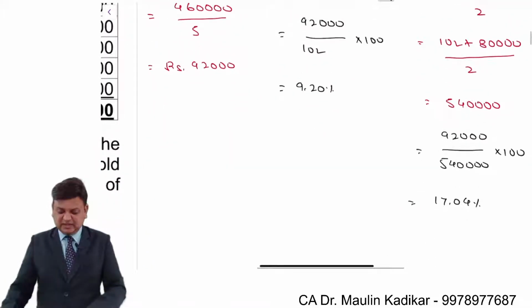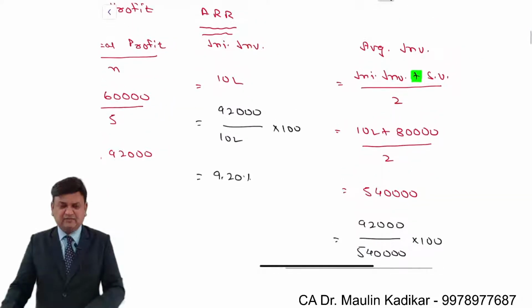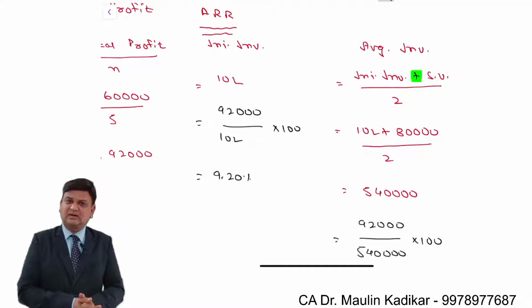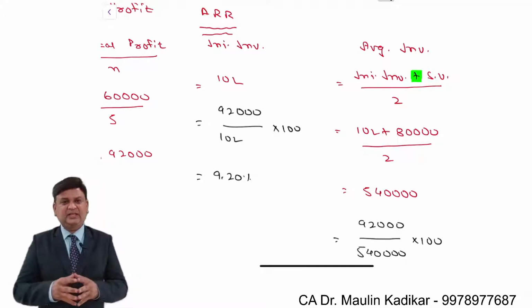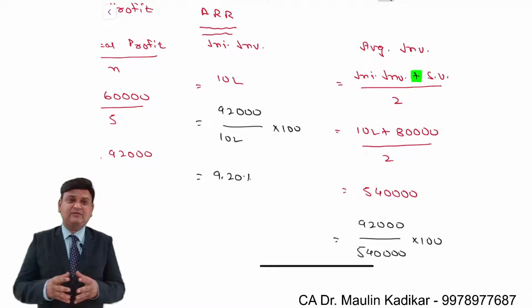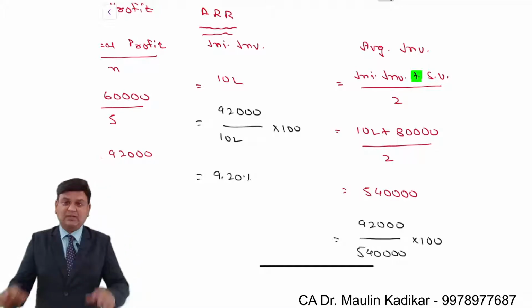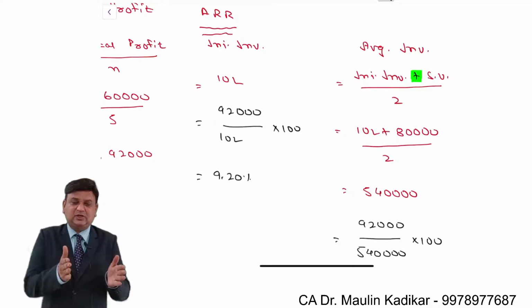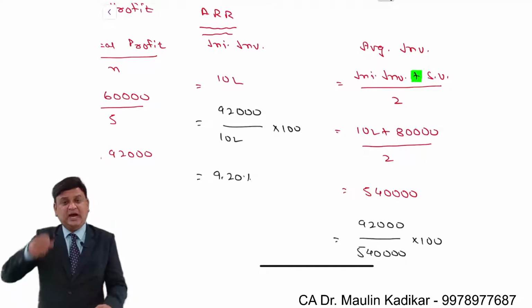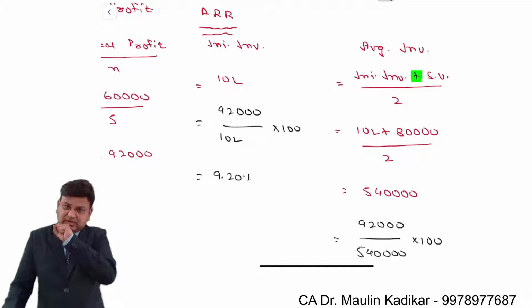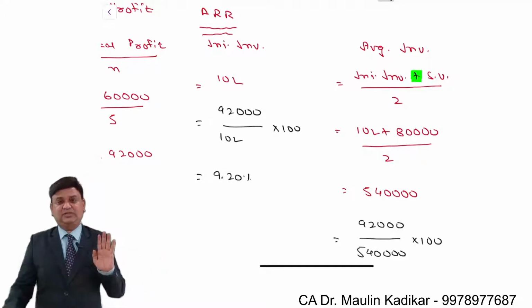This is the way we make the computation of ARR, and we can obviously understand that the concept of the time value of money is ignored over here. When you make an average, then the time at which you receive the cash flow, that is receive the profit, is ignored. Whether you are receiving a higher amount of profit initially or a lower amount of profit initially, that point is completely ignored when you take the average.